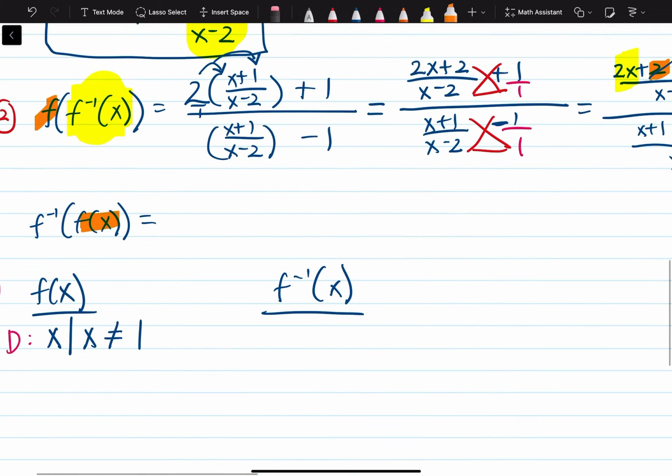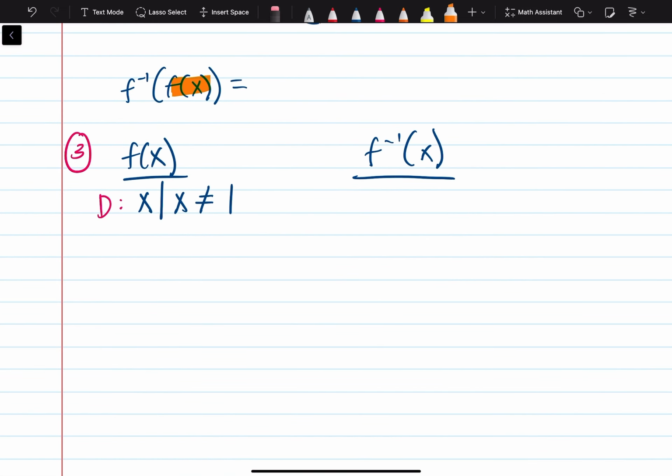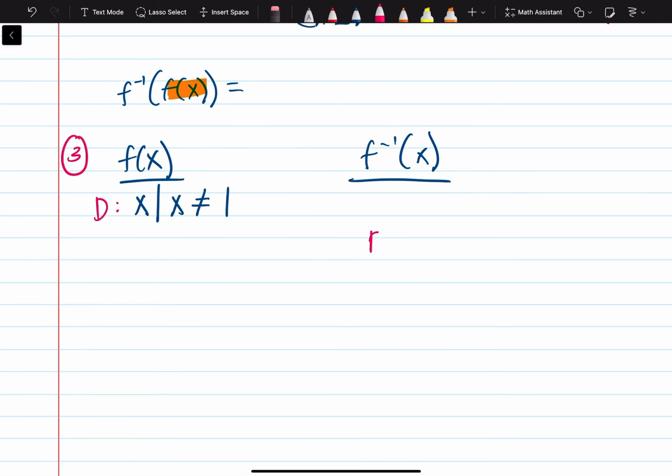So if I tell you that the domain of f of x is x such that x cannot equal 1, then the range of the inverse is x, sorry, not x though. Ooh, see, I almost got automatic mode. Remember, range is with respect to y, so it's going to be y such that y cannot equal 1.